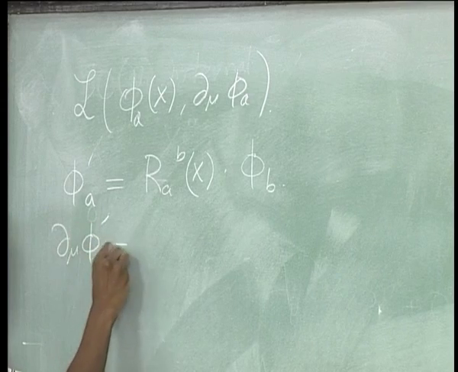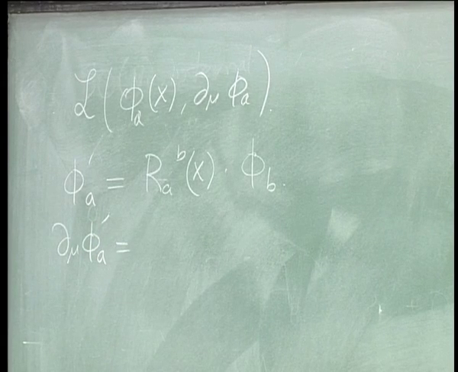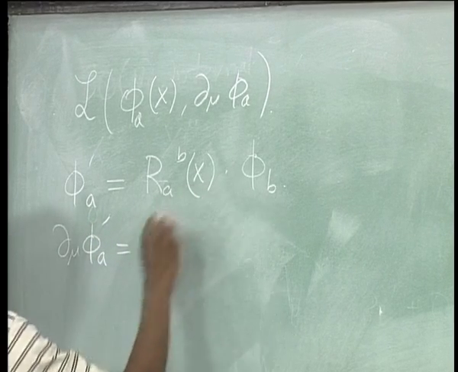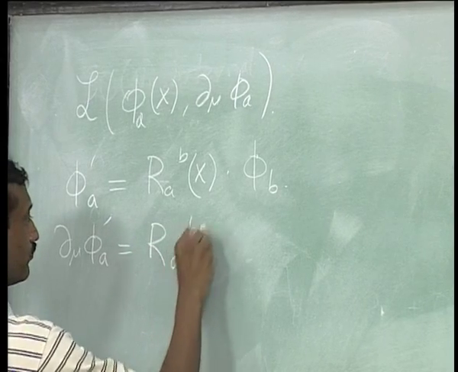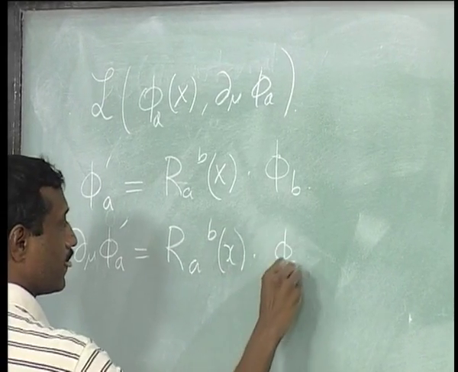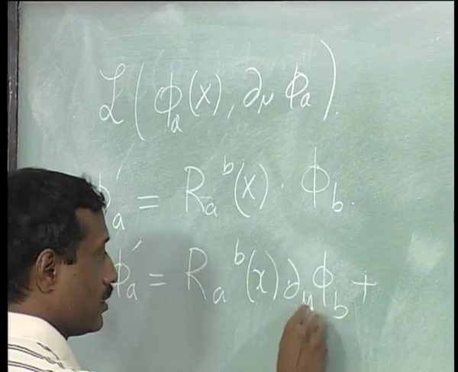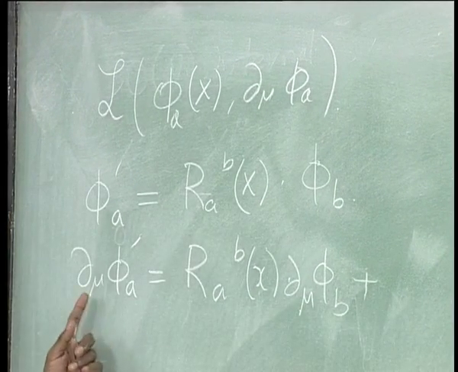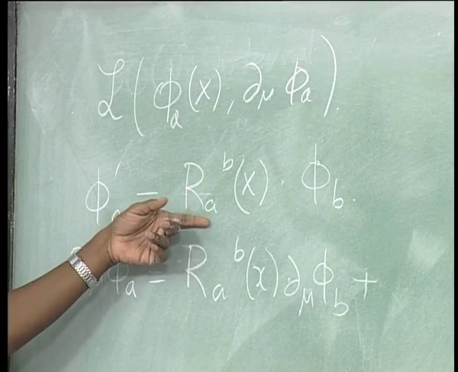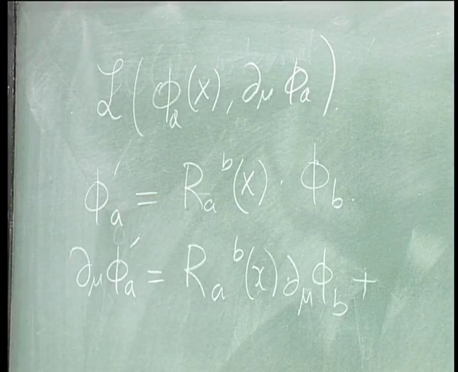D mu of phi a prime will have two pieces. One would be the rotation acting on d mu phi, but the d mu can act on R also now, because it is taken to be a function of x.